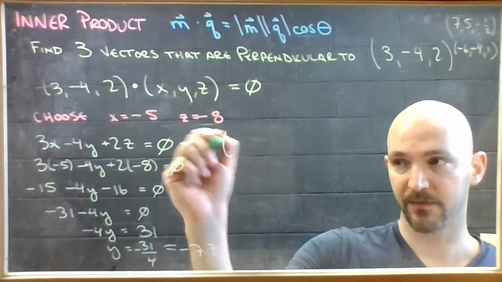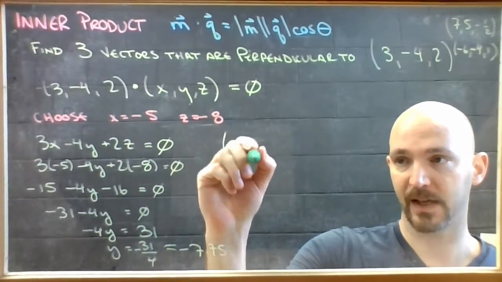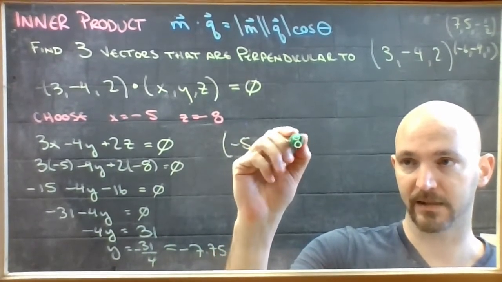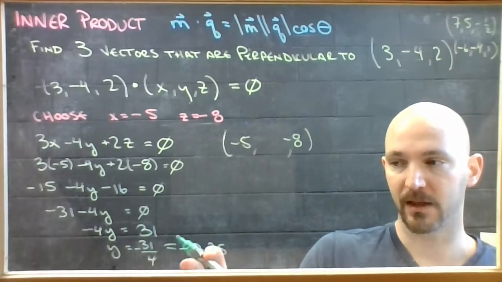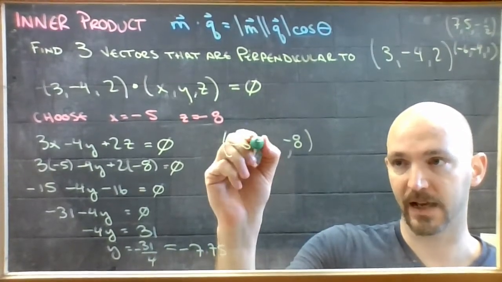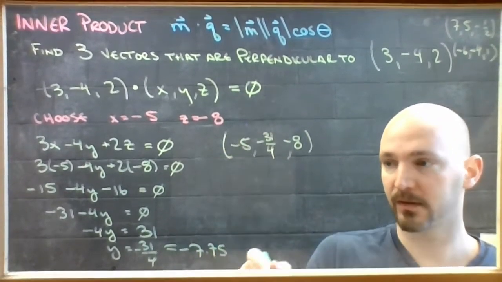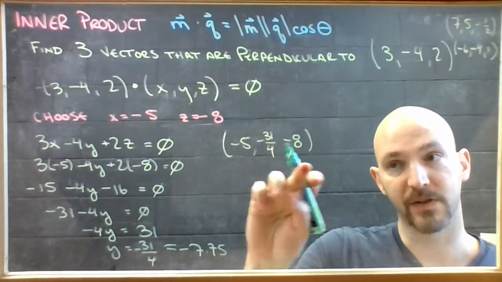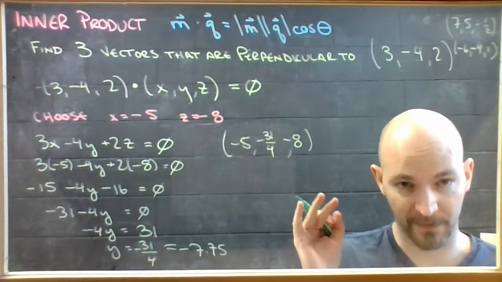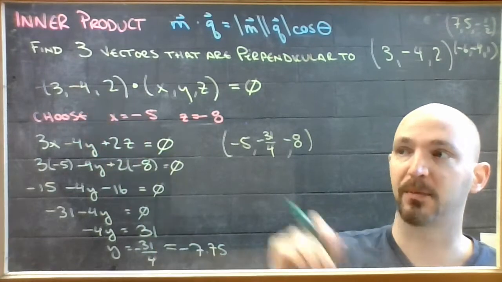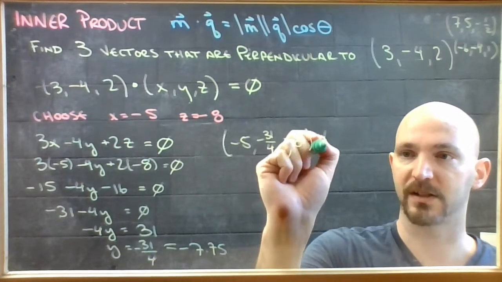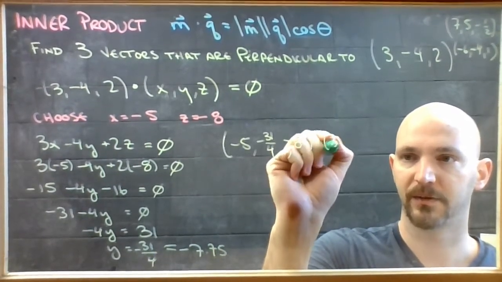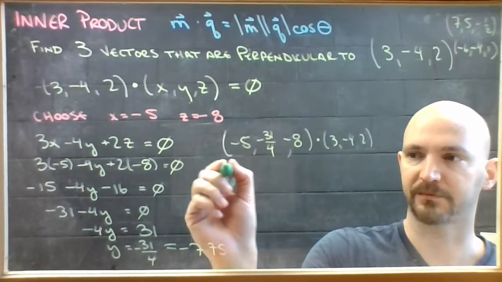So if I make a vector that has -5 as its x and -8 as its z, if I make this thing in the center -31/4, then I have constructed a vector for the third time that is perpendicular to this. So again, just to check, 3, -4, 2.